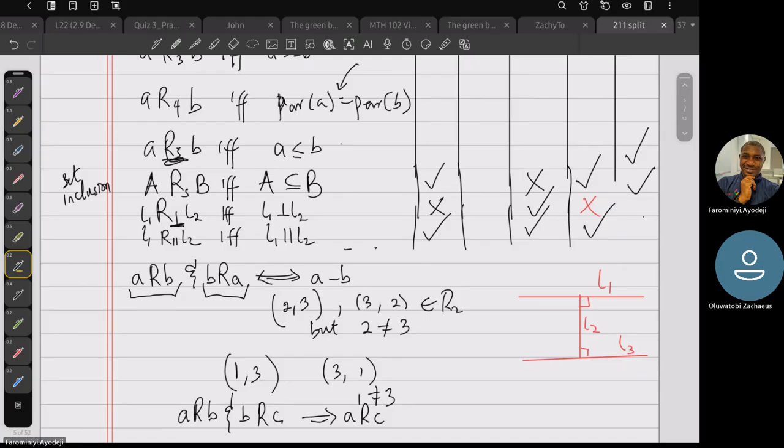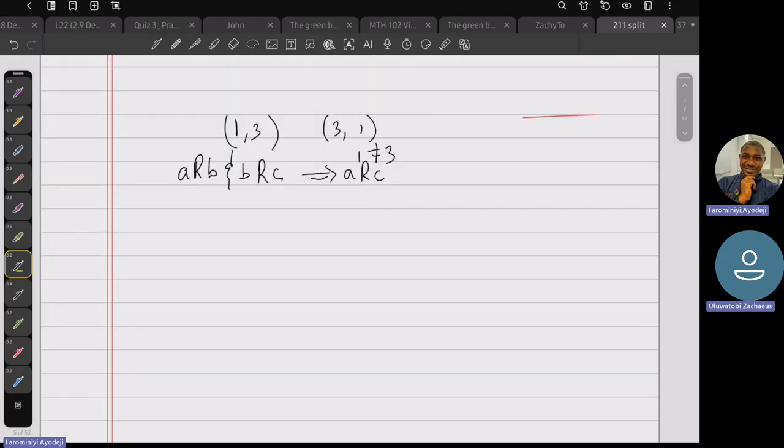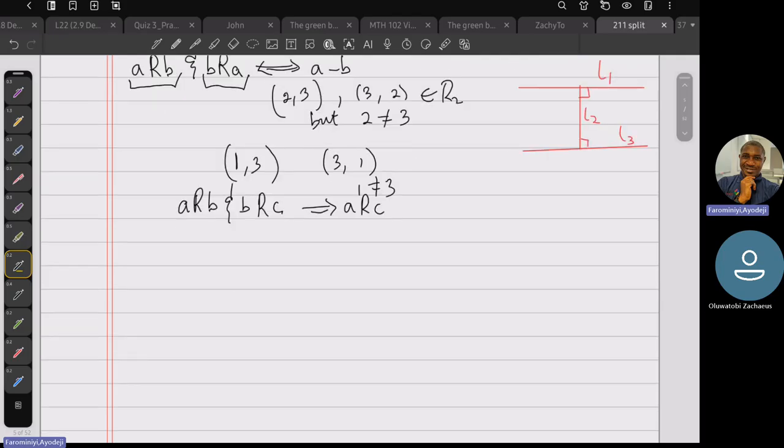Yes, sir. Okay, so that's just the beauty of it. So we've seen the relation reflexive, because I want to wrap it up for now. Reflexive, we've seen. Symmetric, we've seen.